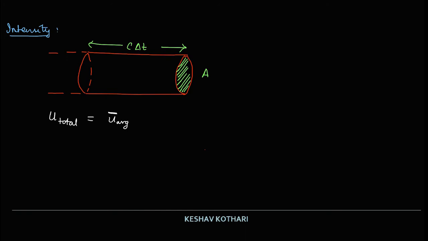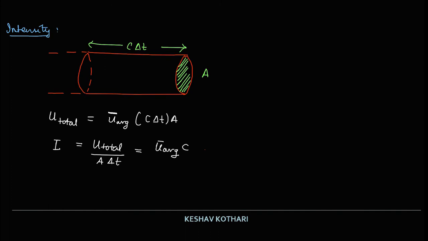The volume is going to be c delta t into A, and the intensity is energy per unit area per unit time. So we divide by A delta t, and hence the value comes out to be u average into c.